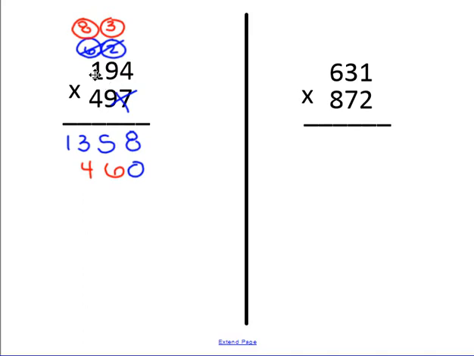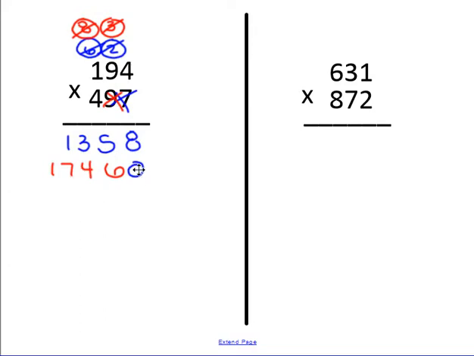Now, 9 times 1 is 9, but I need to add my 8. So 9 plus 8 is 17. Oop, my mouse is going crazy. There we go. Now, I'm going to cross out my carries, and I'm going to cross out my 9.